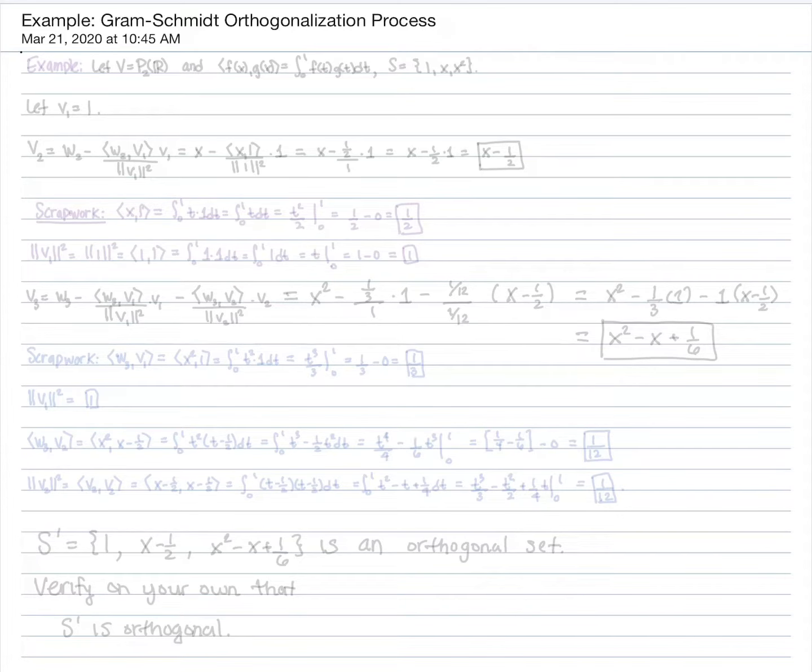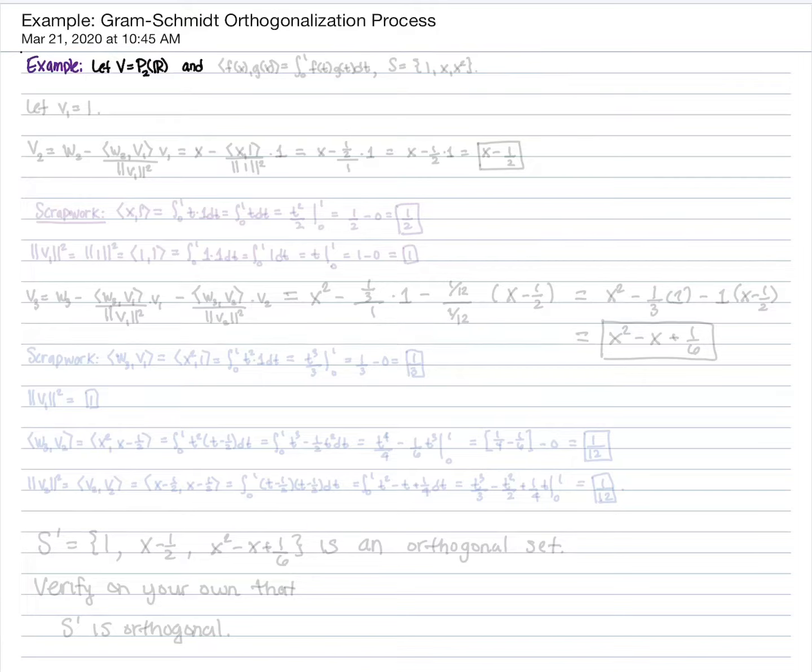In this video, we're going to illustrate the Gram-Schmidt process. So let us look at our example. Let V be the vector space of all polynomials of degree at most 2 with real coefficients.